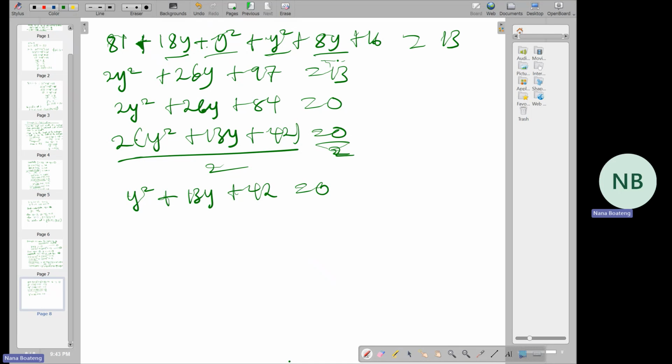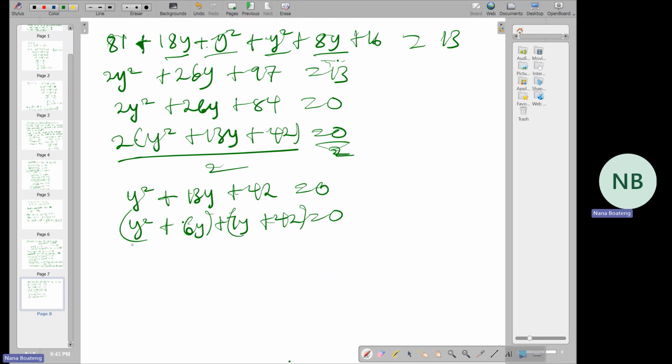6 times 7 is 42, so we can write this as y squared plus, in place of 13y, we can write 6y plus 7y plus 42 is equal to 0. Now we can factor the first and second term and the third and fourth term.